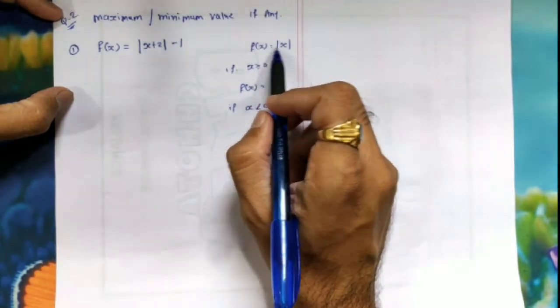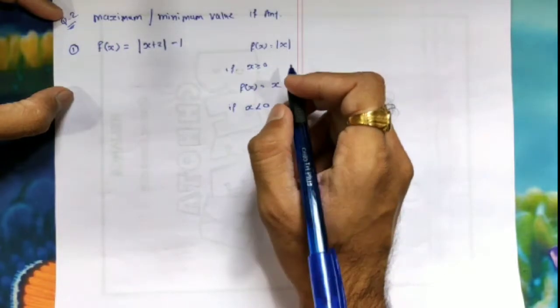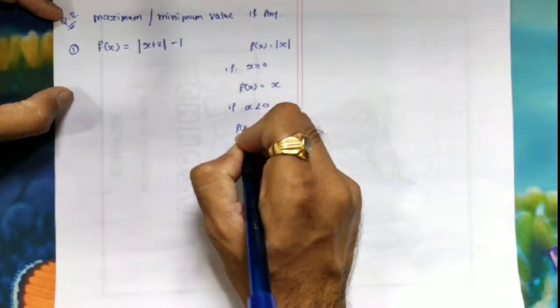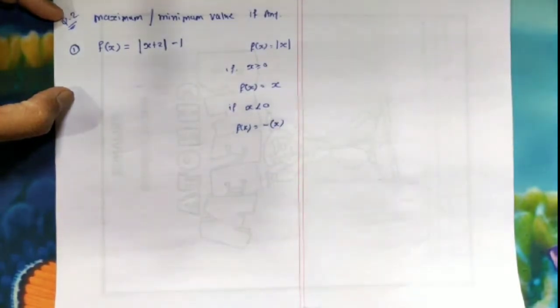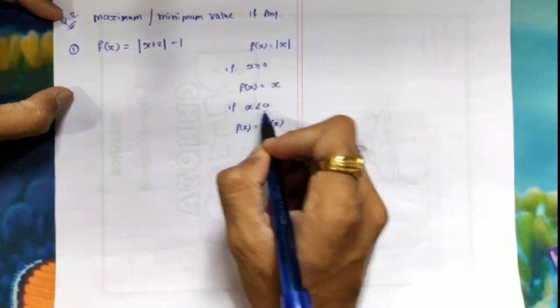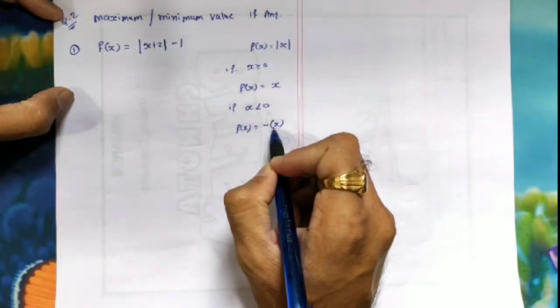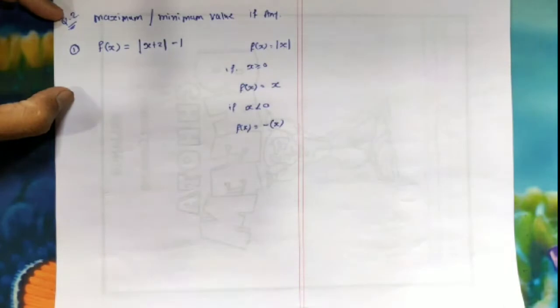It will give f of x equal to minus x, which means we have to add one minus sign in front of this x. x is already negative, x is less than 0, so you have to put a minus sign over here, so it will become plus. Clear?